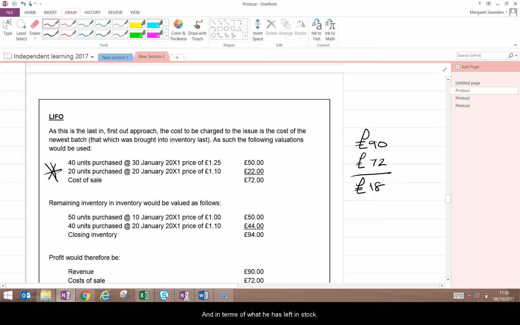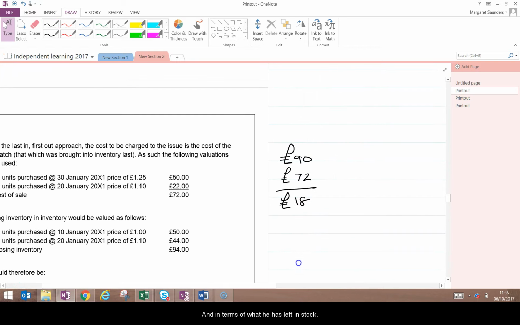And in terms of what he has left in stock, he originally started with £166 worth of stock. He has sold £72 worth, and so he's got £94 of stock left.